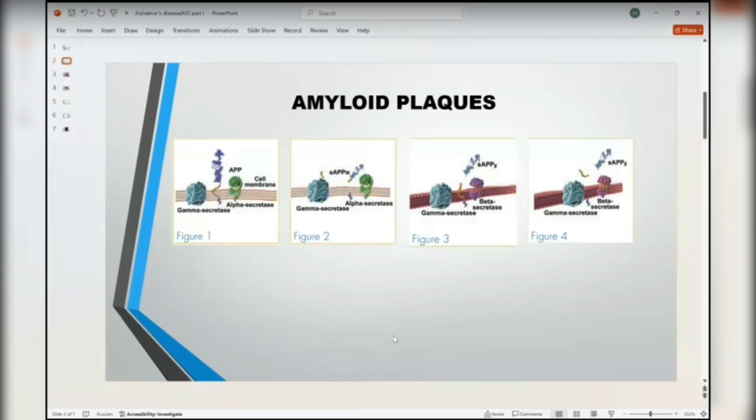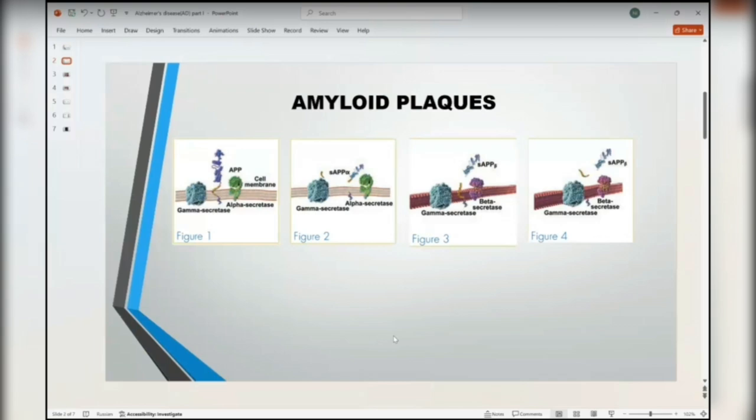The starting point of amyloid plaques is one of many proteins associated with the cell membrane, the barrier that encloses the cell. As it's being made inside the cell, amyloid precursor protein becomes embedded in the membrane, like a toothpick stuck through the skin of an orange, as you can see in figure 1.